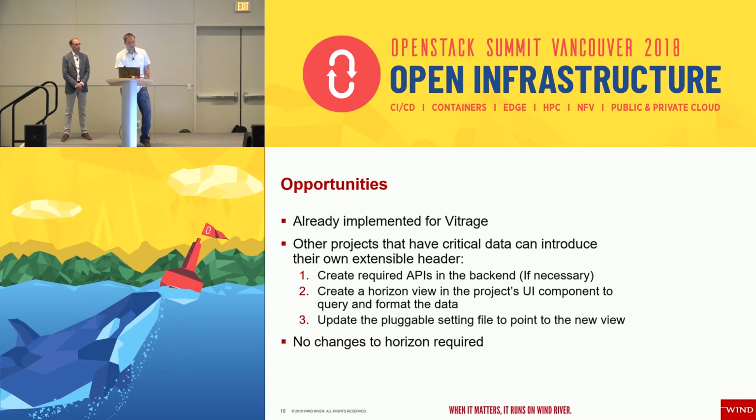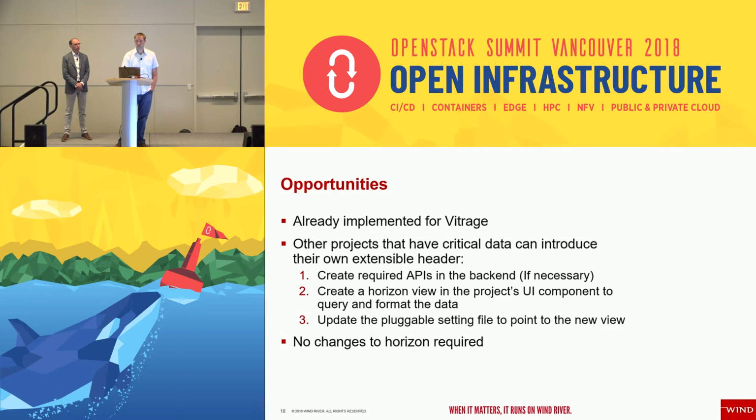All right, so as part of this feature to Horizon, it also presents some opportunities for other projects in OpenStack. You can see how we implemented it for Vitrage. So if other projects have important information they want to display to the end users, they can do so by following these steps. You'll need to create the APIs that are required in the back end.